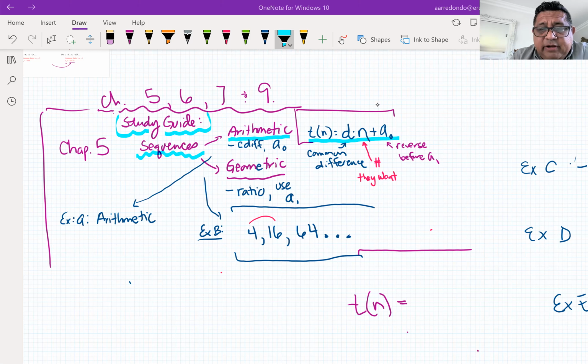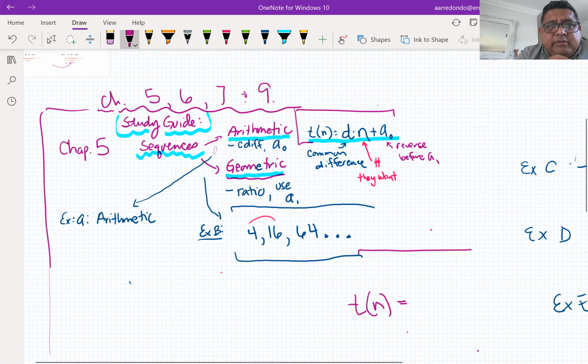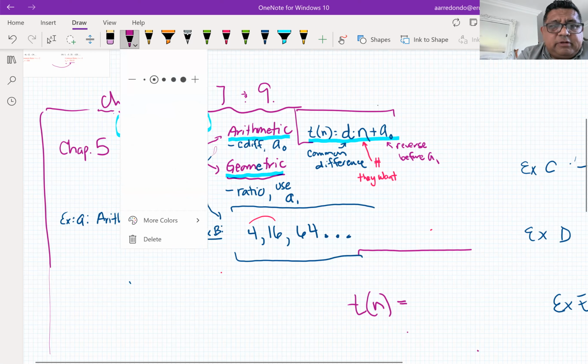And today we are going to go over geometrics. Again, we spent a lot of time on arithmetic, so you can put a little arrow.